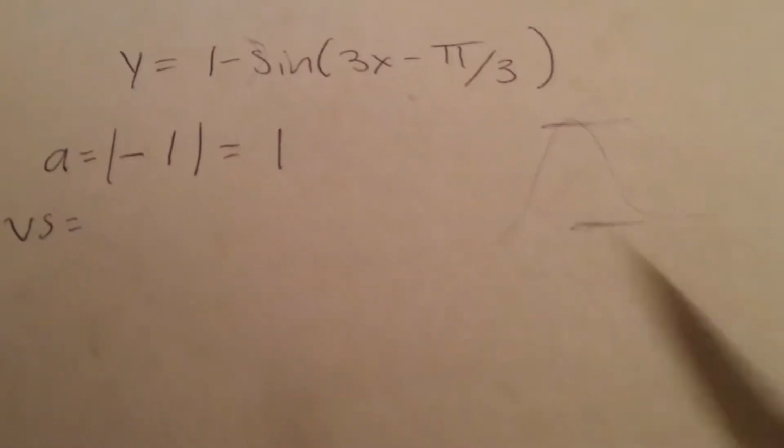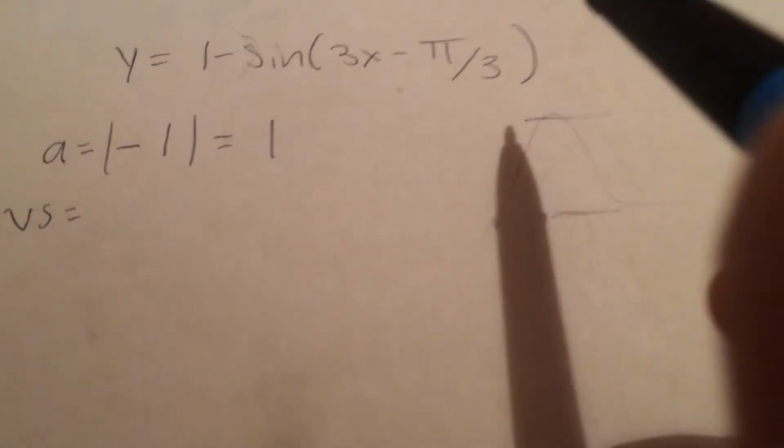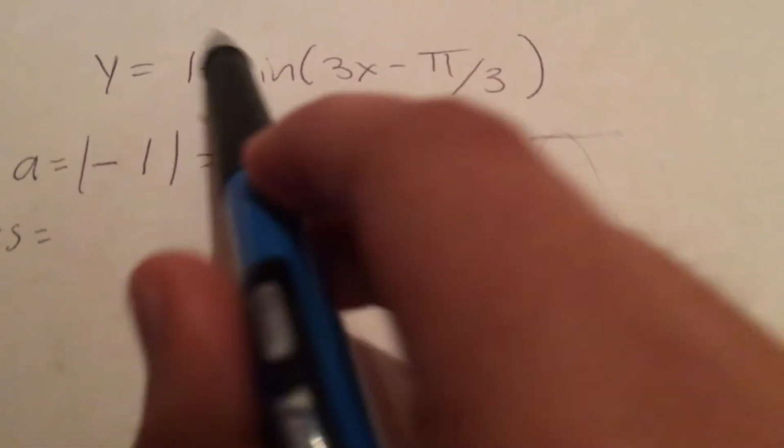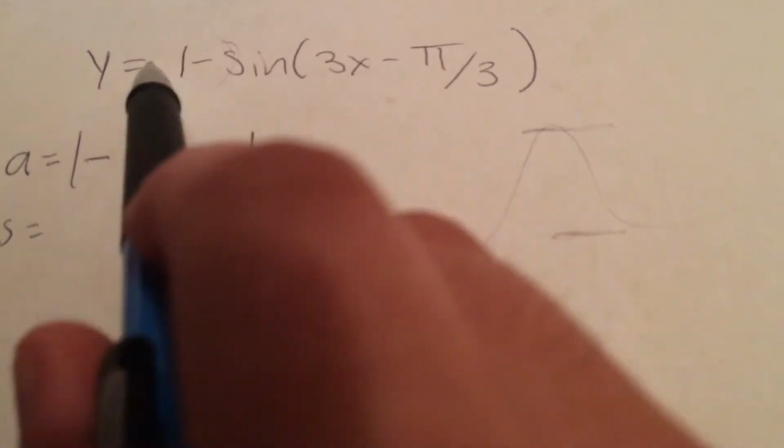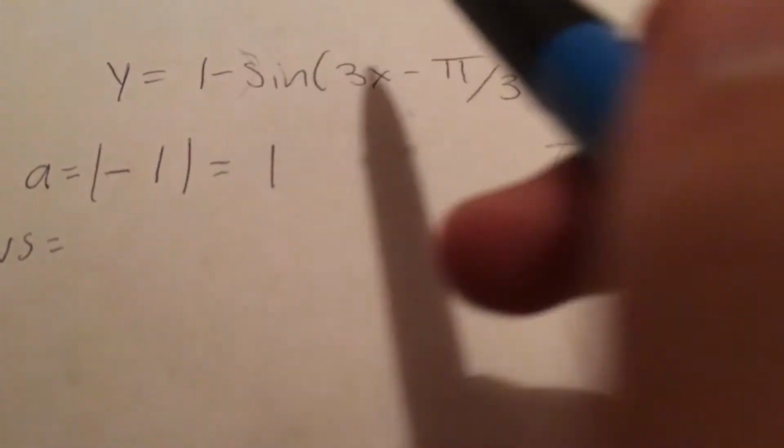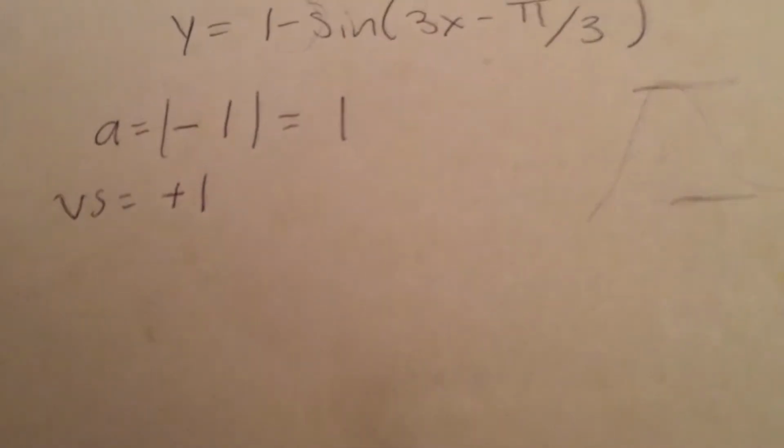And the vertical shift will only be either at the front or at the back of the equation. So here it has the vertical shift in the front, and it doesn't have a negative sign, it has a positive sign, meaning that the vertical shift will be positive and will go up. And now for the period, we have to take into consideration the formula to find the period, which is 2 pi over b.